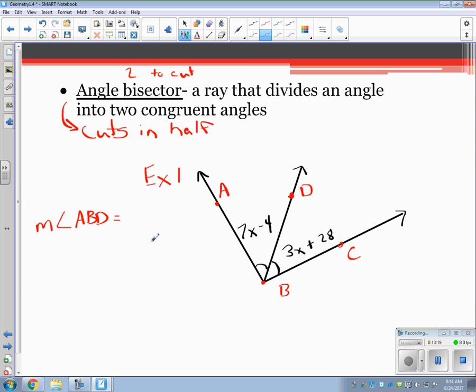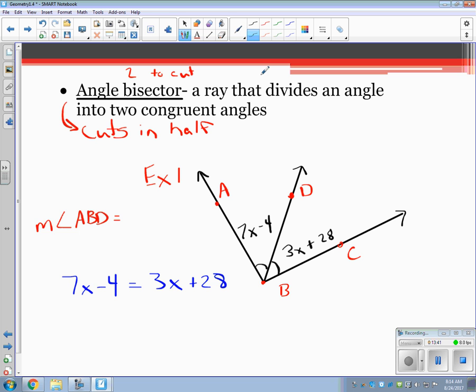I want to know what that is. And right now I just have some variables there, but I'm noticing that these are marked as congruent, so I know they're equal to each other. So I'm going to set up 7x minus 4 equals 3x plus 28. Because they're each half, they have to be congruent, so they're equal to one another.